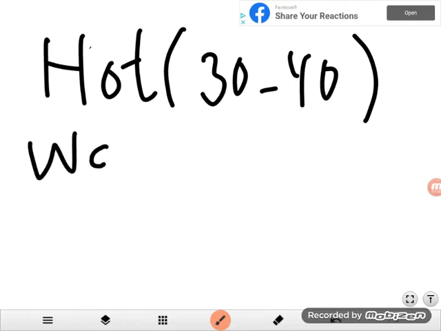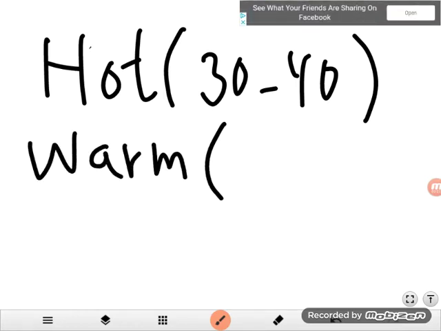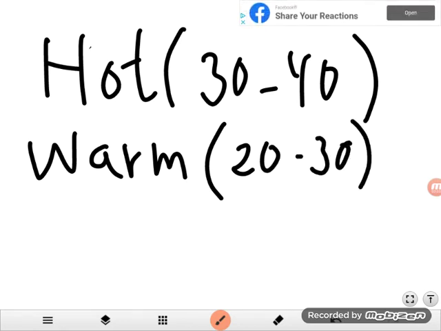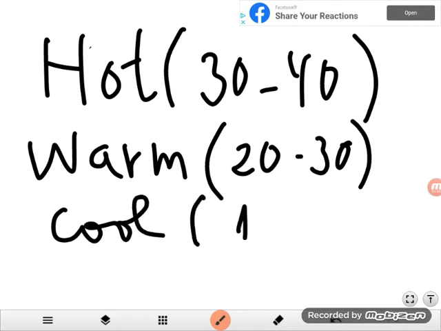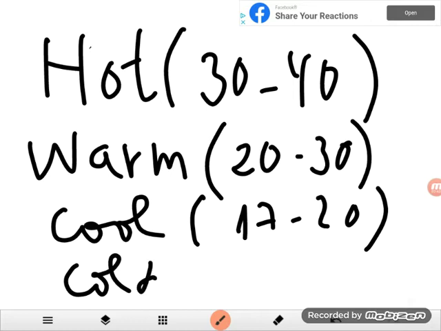It's warm when the temperature is between 20 and 30 degrees, and is cool when the temperature is between 17 and 20 degrees, and is cold when we have 16 degrees or less, okay?